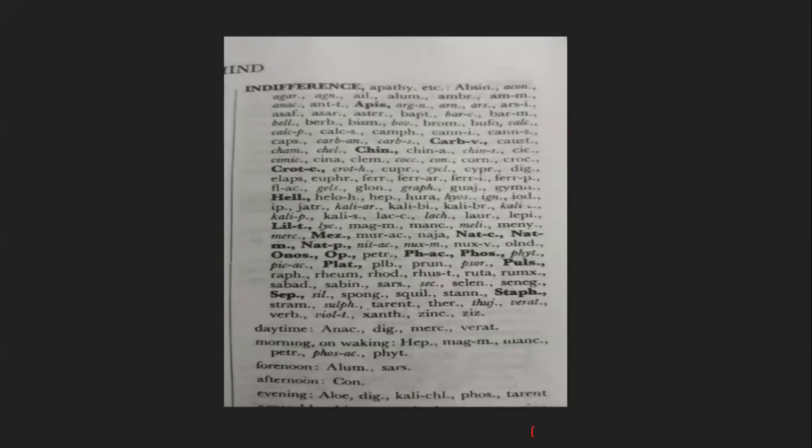Are you understanding my point, friends? Now, in the next image, friends, I'm going to show you the image of an animal. You have to tell me which animal it is.